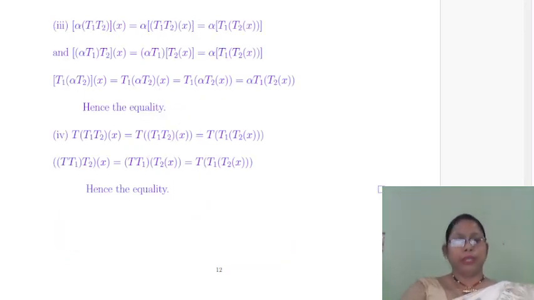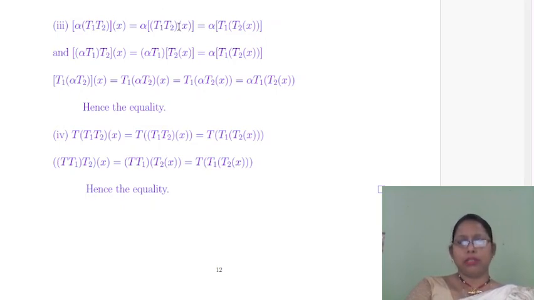Now the third property, for any scalar alpha, alpha T1 T2 at x is alpha, keeping alpha outside, then T1 T2 x. Again by the definition of the linear operator T1 T2, this is equal to alpha T1 T2 x. Then take alpha T1 T2 x, which can be written as (alpha T1) T2 x. Then take this alpha outside as it is a scalar.